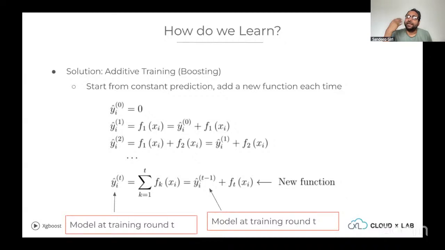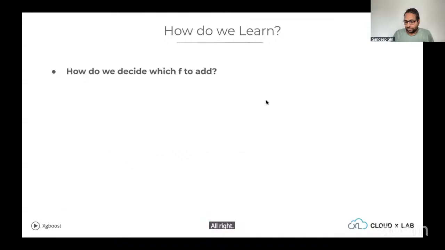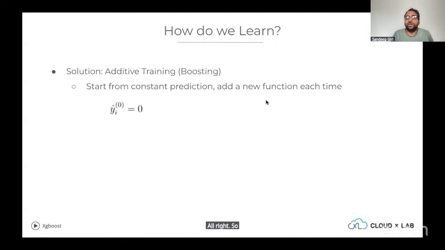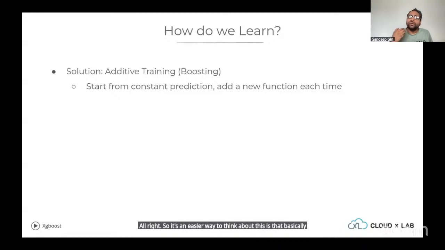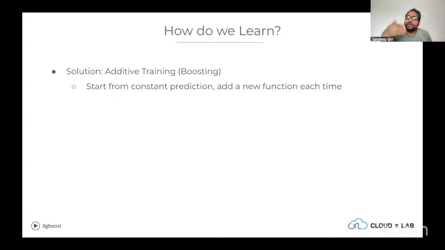We are basically adding one tree at a time. Max depth means number of splits. That's correct. An easier way to think about this is that we are adding one tree at a time.